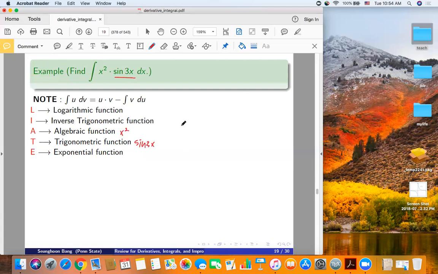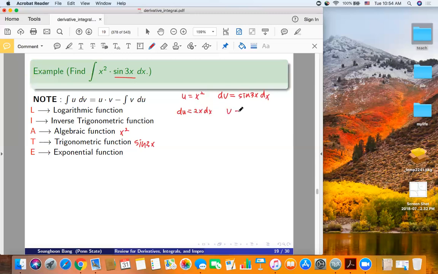So we can use this one. What's u? U is x squared. What's dv? The dv is sine 3x dx. Find du: du is 2x dx.